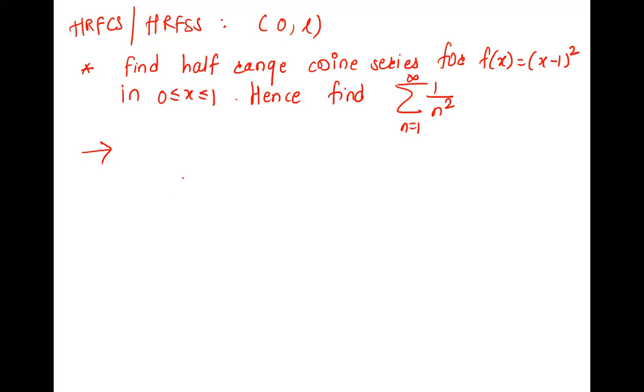Chalo, forget. Find half range cosine series. Question you have to read properly. Before that, you will see the interval. We'll end the lecture by 11:15. So wait. Our time today is 11:15. Chalo. So tell me the interval. 0 to L. No, given interval is 0 to 1.